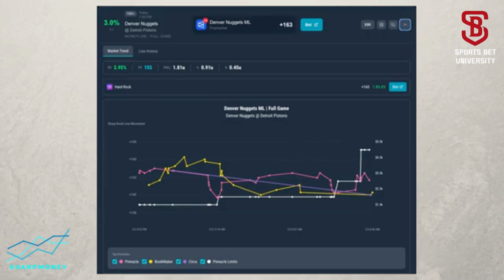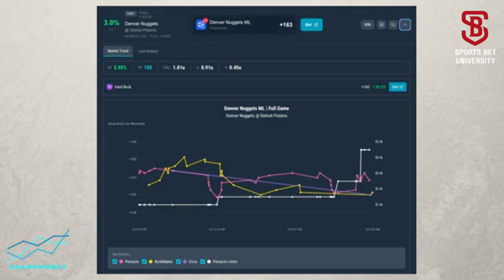We see Pinnacle limit increases without too much movement. We see the first move going from like 1.5K up to 3K and a little downward action there. And then the next movement, we see a little upward action, but it's nothing that's really telling.